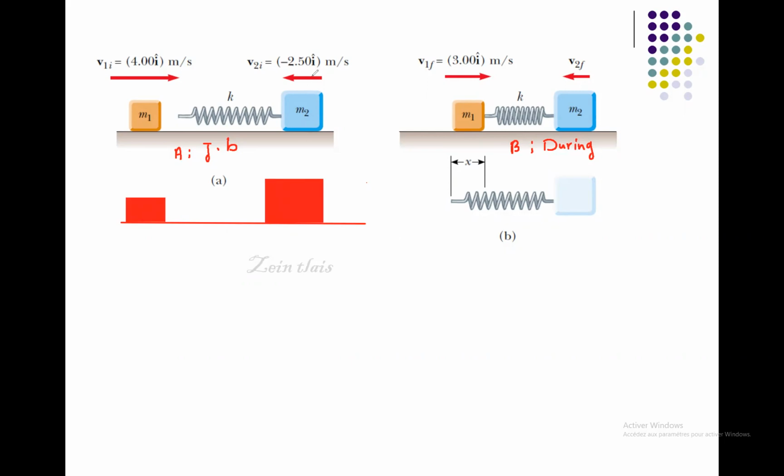We can say we have V1 prime and V2 prime.